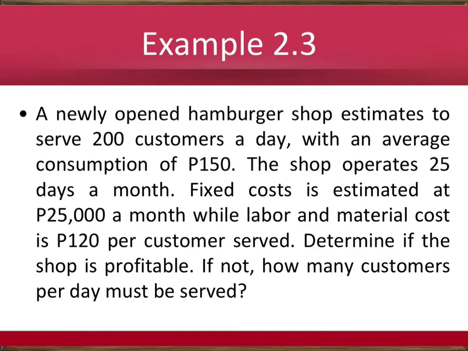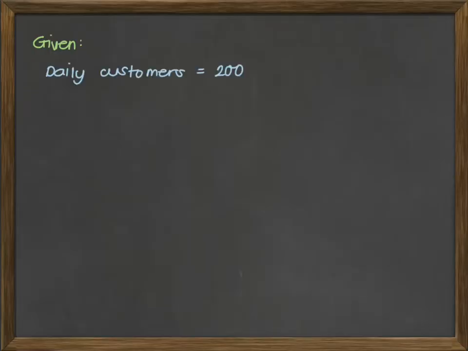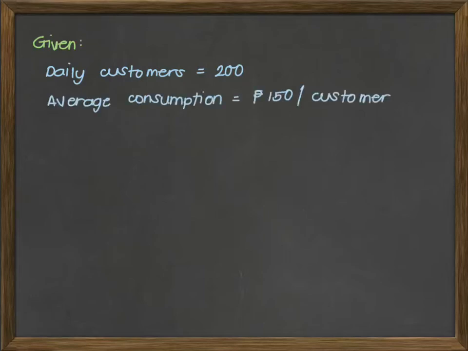So, in this example, we want to know if the current numbers will provide us profit and if not, how many customers per day must be served. Now, let's write the given information. First, their daily customers: they anticipate that they will be serving 200 customers per day.